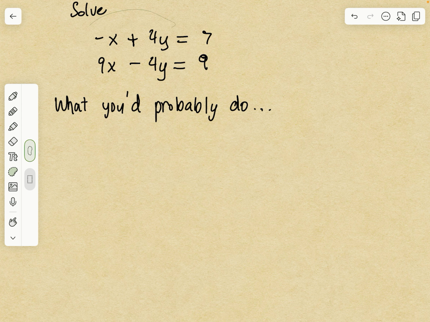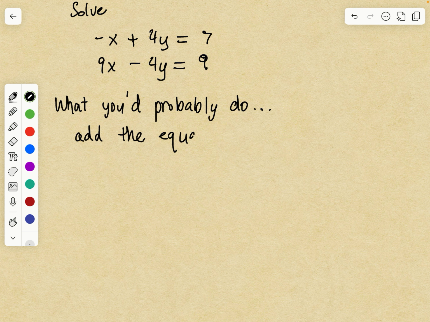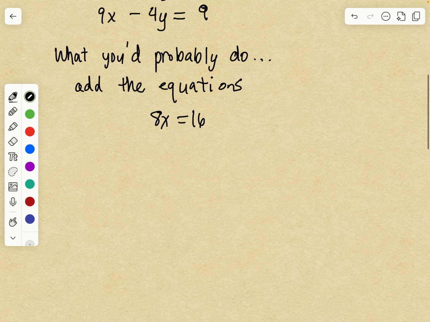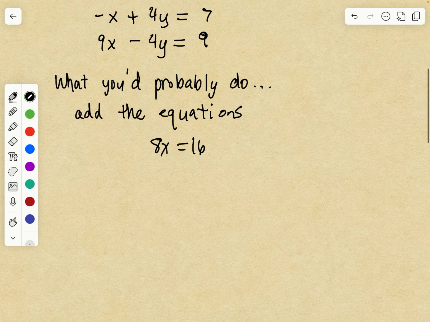If I add that plus that, I'll get that plus that. The benefit of adding the equations is that the y terms cancel. So if you add the equations, you get this new equation, which is 8x equals 16. And then you divide both sides by 8, and then you get x is 2.